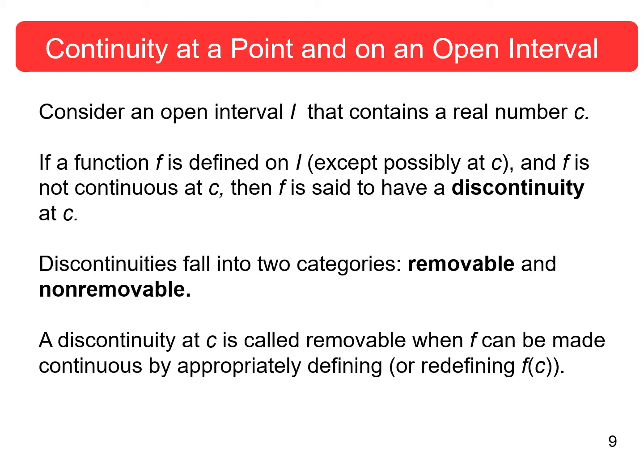Discontinuities fall into two categories. The first category is what we call a removable discontinuity, and the second one is called a non-removable discontinuity. A discontinuity at c is called removable when f can be made continuous by appropriately defining or redefining f of c.